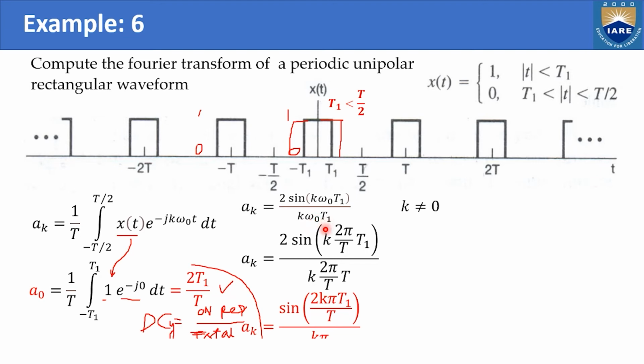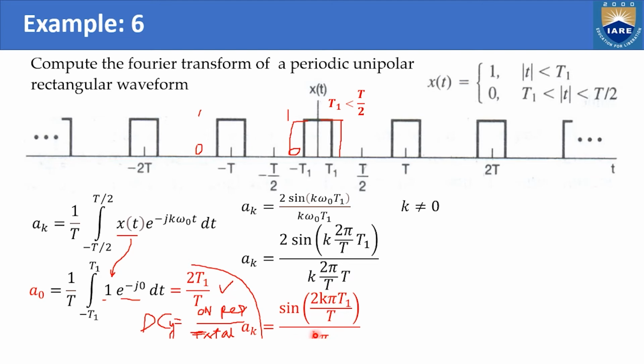Now let us substitute 2 pi by T for omega naught in the denominator and in the numerator. Here I will get 2k pi T1 divided by T. Then T will get cancelled, and the 2s will get cancelled. I have only k pi.